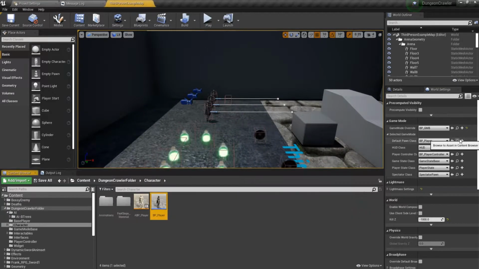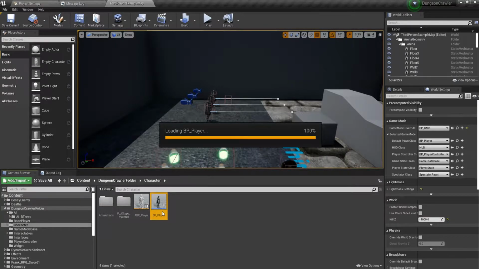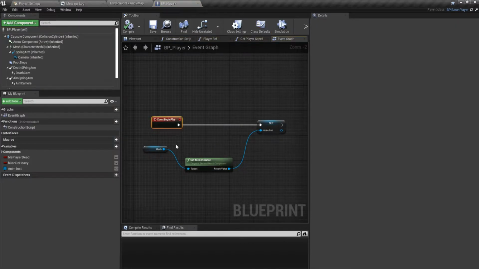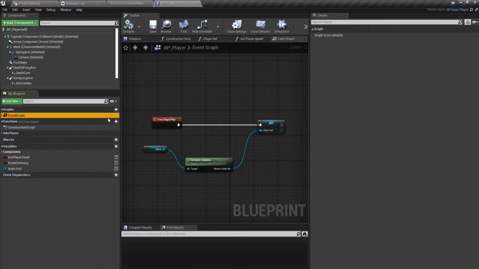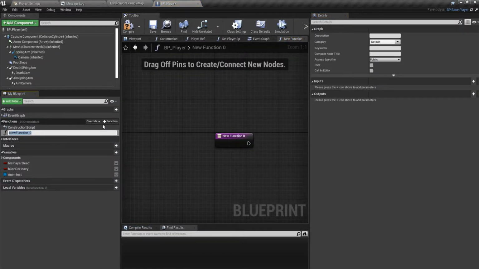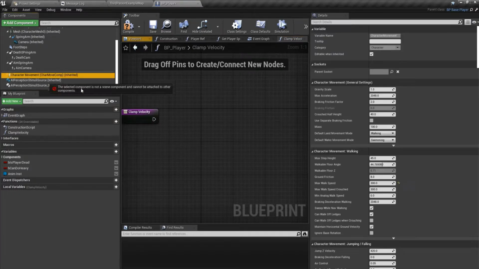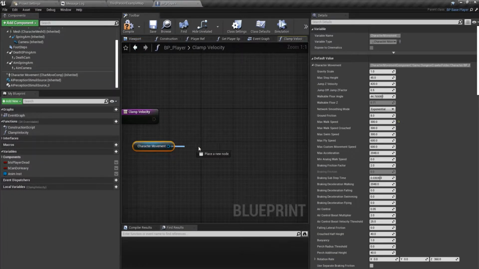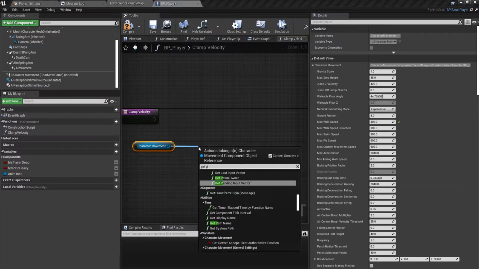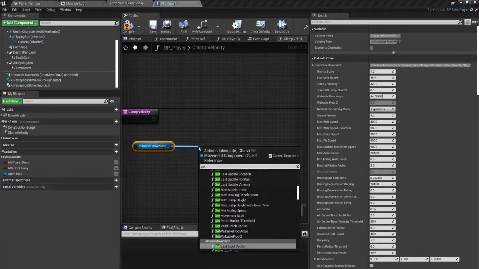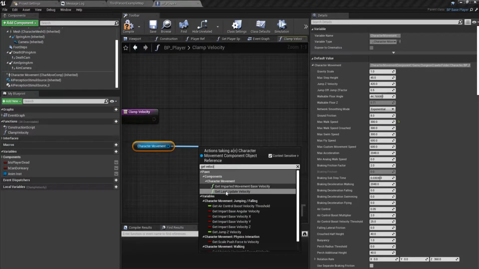So the first thing is go to BP player, and from here let's make a function, and this one will be called clamp velocity. To clamp the velocity, we'll be getting the character movement first, and from here we will get velocity.